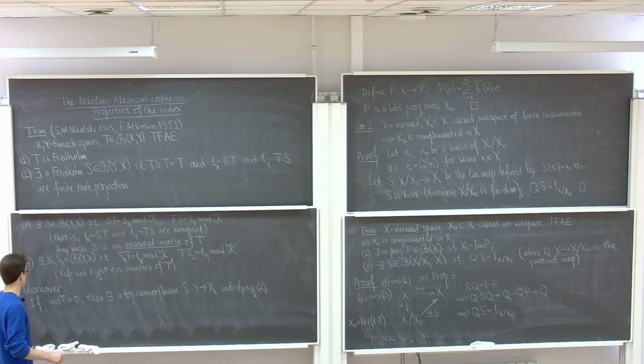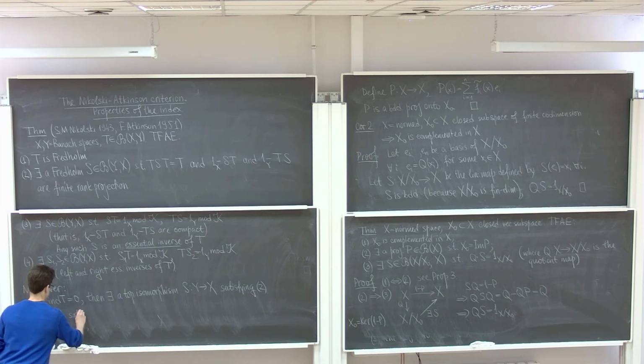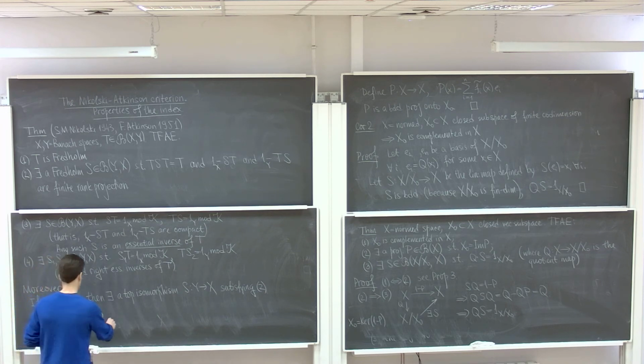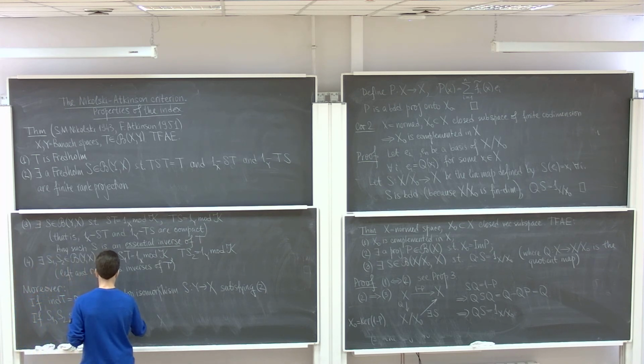And finally, if the operators S1 and S2 satisfy condition 4, so S1 is a left essential inverse and S2 is a right essential inverse, then S1 minus S2 is a compact operator.